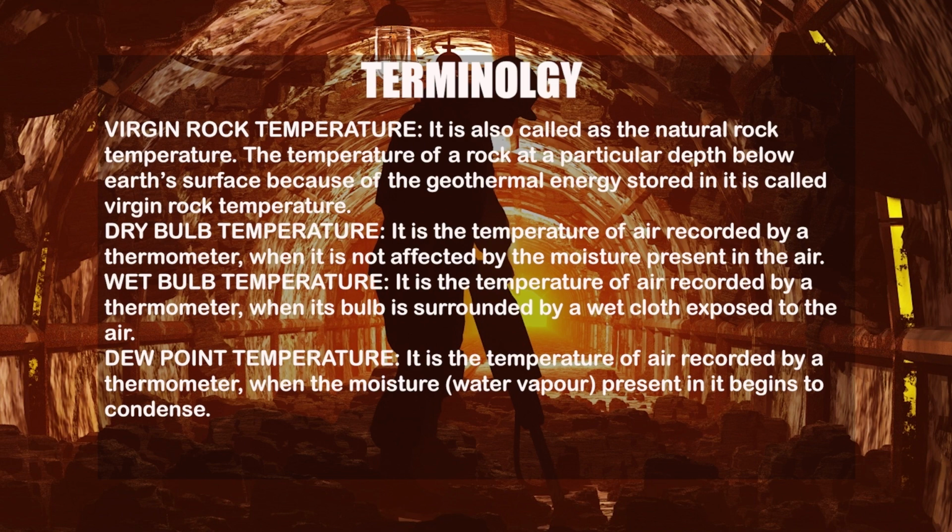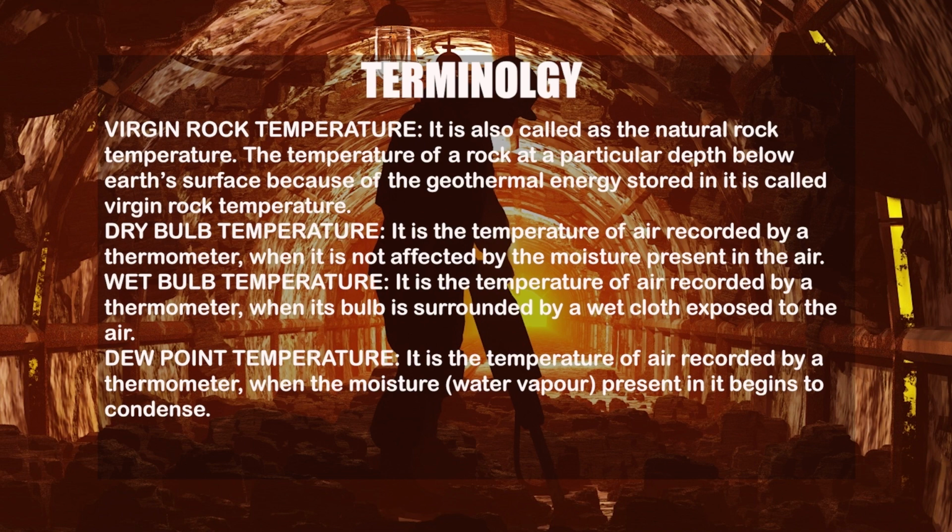It is a term particularly associated with the temperature of rock at certain depth. It is not the temperature of the rock which is present above the surface of the earth.